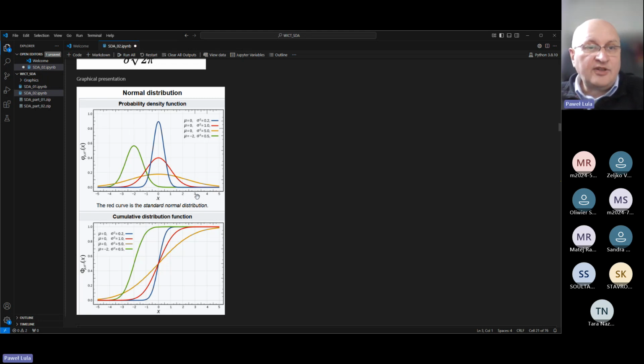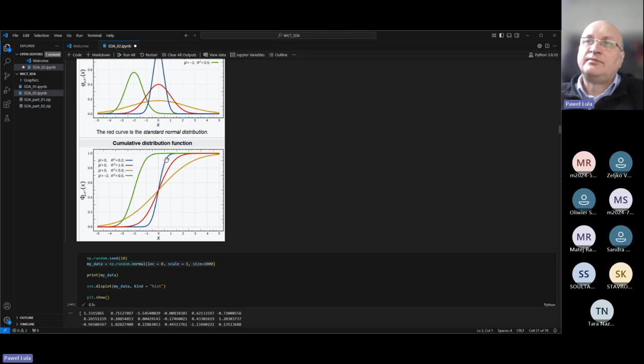The empirical distribution in practice is similar to these distributions which are presented here. They are similar, but not the same. It is difficult in practice to get distributions which are very, very similar to these theoretical ones.